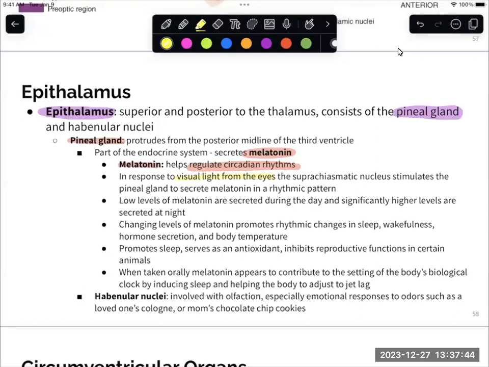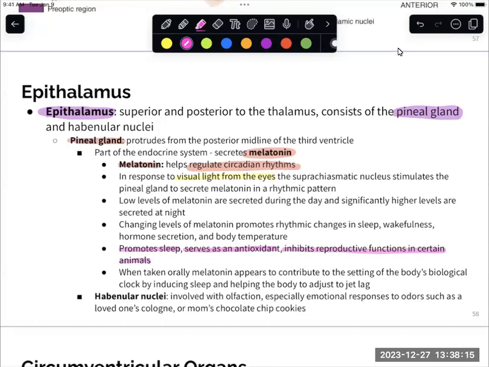So this melatonin can promote sleep. It actually serves as an antioxidant. It inhibits the reproductive function in certain animals. When taken orally, because you can buy melatonin in the supplement section at most stores, it can help set the body's biological clock to induce sleep.